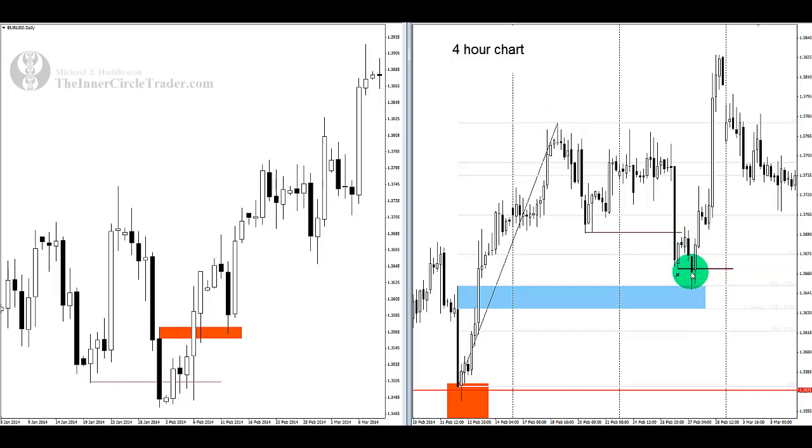So getting long down here at 136.60, the range for this particular setup. And we're going to assume we just bought just below the low here using turtle soup. And the range comes in at 115 pips again.